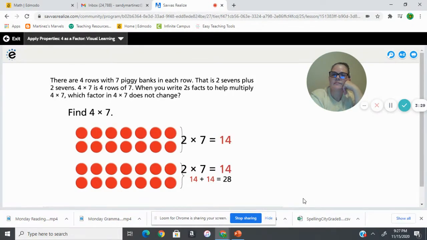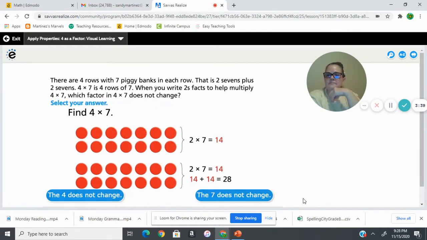When you write 2's facts to help multiply 4 times 7, which factor in 4 times 7 does not change? Okay. Select your answer. So if we're going to break it into a 2 and a 2, we know that we're breaking up the 4. So which one does not change? It's the 7.